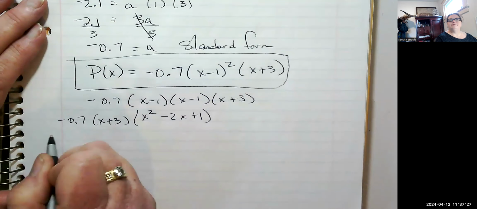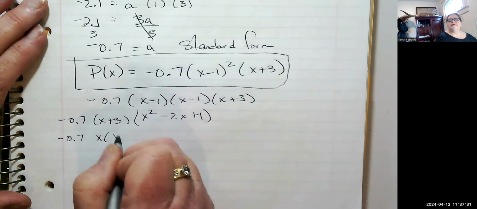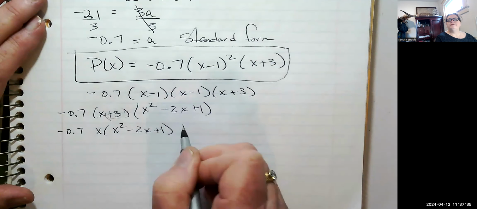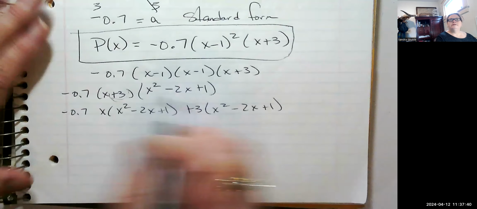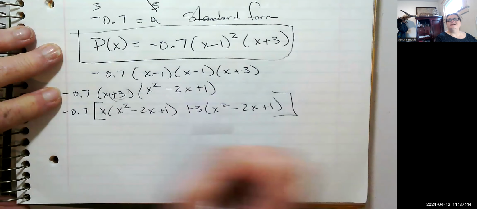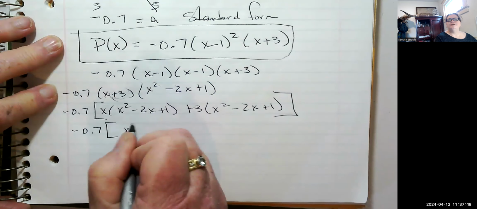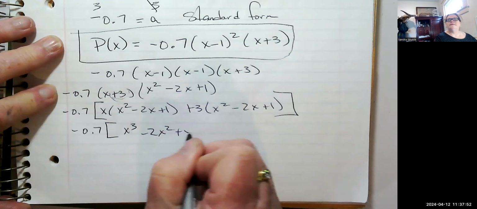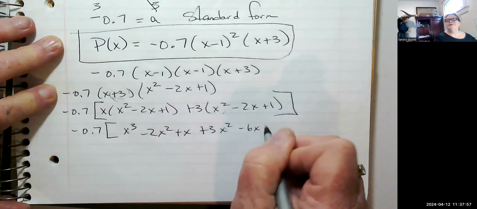So I'm going to just bring this down: the x times the whole trinomial, x squared minus 2x plus 1, plus 3 times the trinomial again. The -0.7 is still hanging out here. I'm just ignoring it to make life easier. So -0.7 times, this is x cubed minus 2x squared plus x, distribute my 3, plus 3x squared minus 6x plus 3.